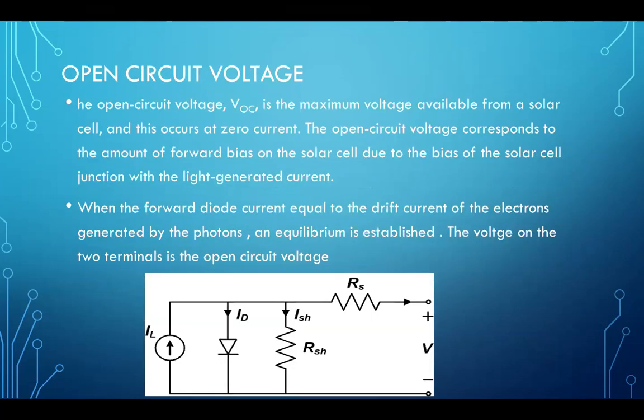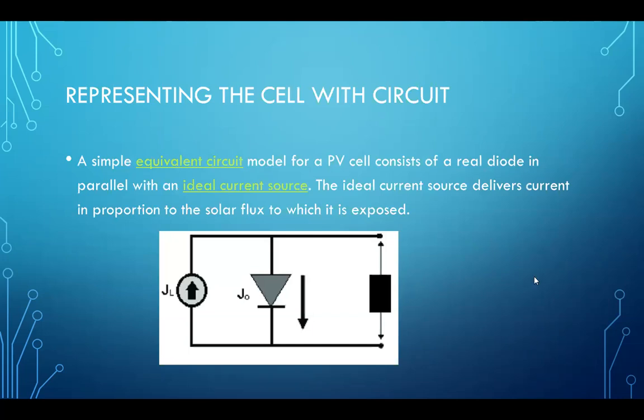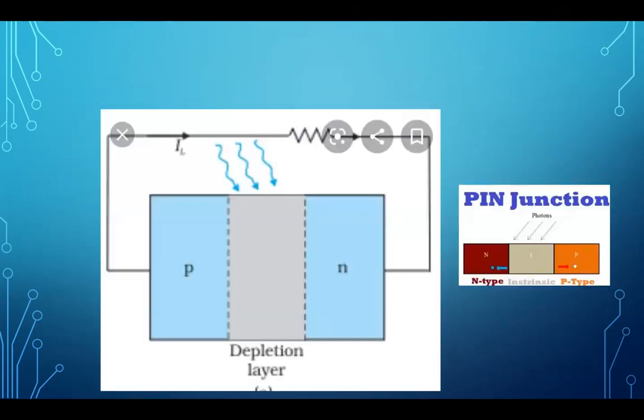So again, if you look at this part here, before we connect anything, because of the PN junction, or the PIN junction because of the semiconductor that we have, after absorbing light I will have a certain built-in voltage.